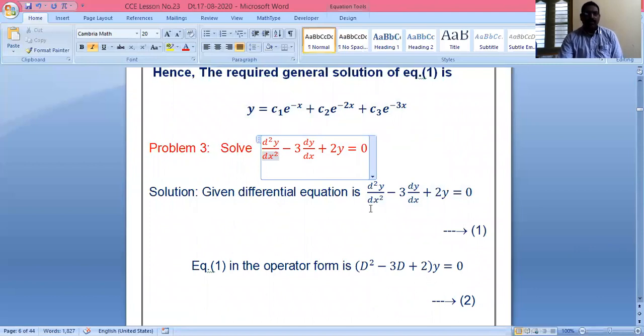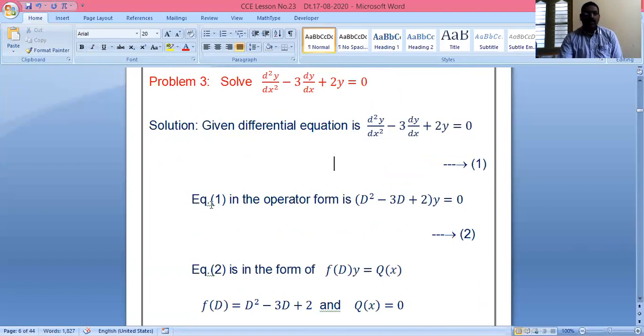Here given differential equation is d square y by dx square minus 3 dy by dx plus 2y is equal to 0. Let this equation be 1. Here equation 1 in the operator form is D square minus 3D plus 2 into y is equal to 0. Let this equation be 2.